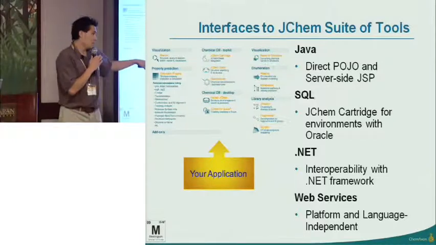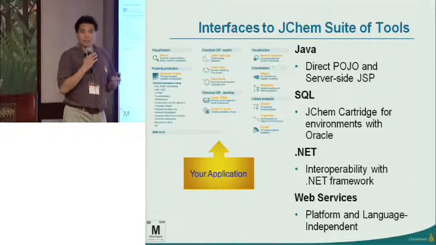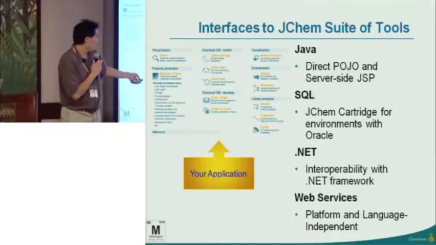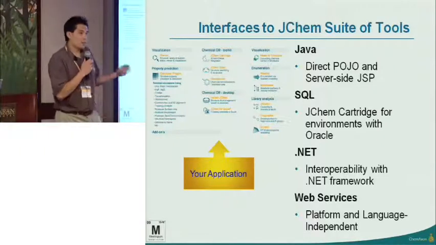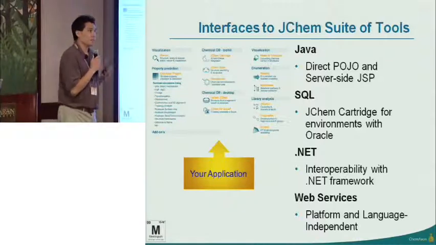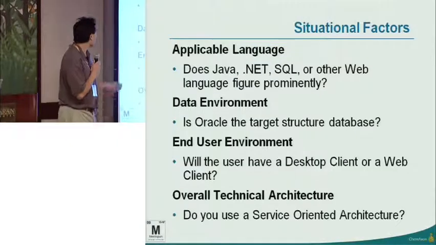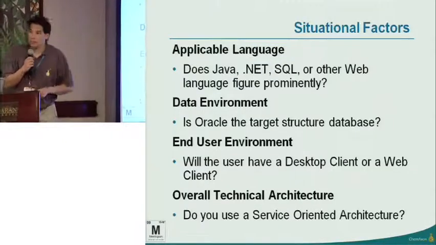And as well as with the 5.3 release, we're going to be adding the Marvin beans. And of course, web services, it's something that's platform and language independent. It's something that's going to be usable if all of these other guys aren't useful for you. And of course, workflow.